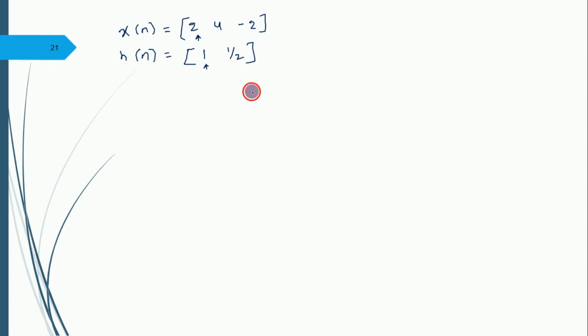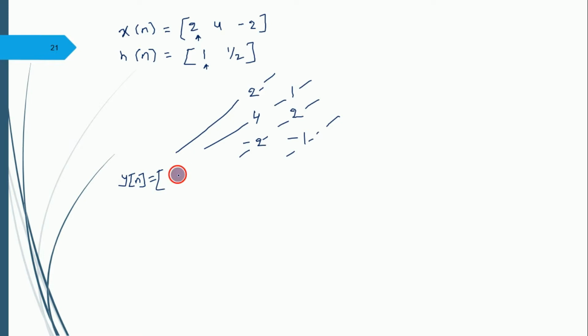So take 2, multiply here, 2 ones are 2, 2 half is 1. Next take this, 4 ones are 4, 4 half is 2. Next take this one, minus 2 into 1 is minus 2, minus 2 into half is minus 1. So take the diagonal sums. That's it. This is y of n.